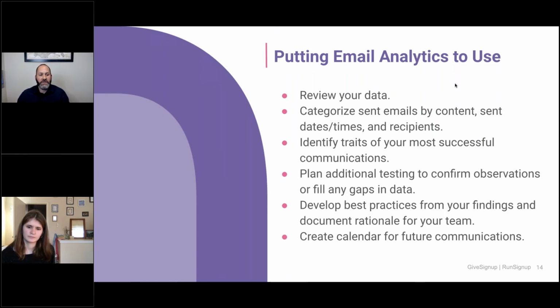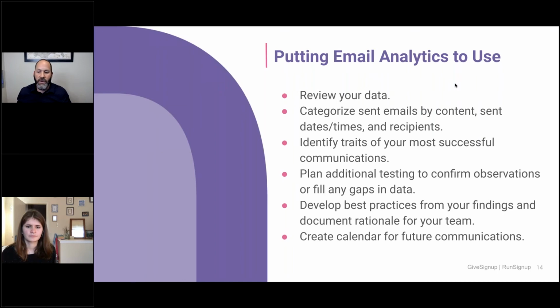After you survey maybe the 5 emails that you sent over the last couple of months, look to categorize these emails by content buckets, or a bucket of all the ones that were sent on Tuesdays or ones that were sent in the morning, and then the types of recipients you sent to, either lists or the types of lists.